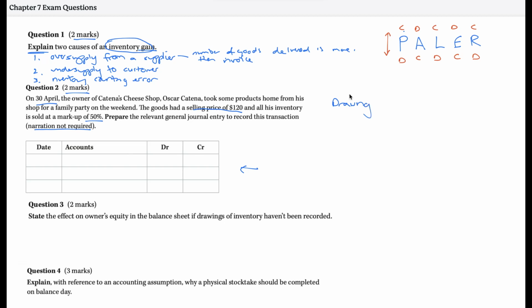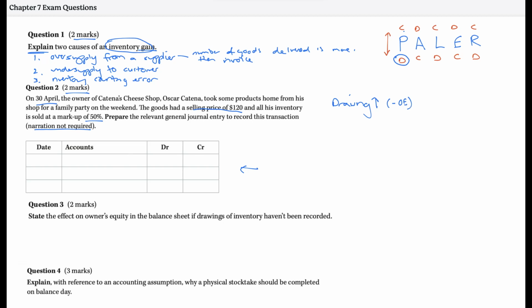Now drawings, as we know, impact owner's equity, or proprietorship, and this will result in our owner's equity going down. But that's because drawings going up, and drawings are a negative owner's equity account. And that means as drawings go up, it decreases how much our business is worth, resulting in our owner's equity going down.